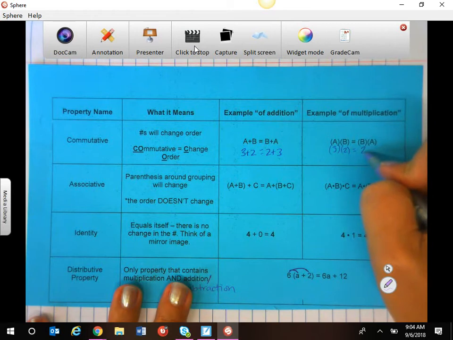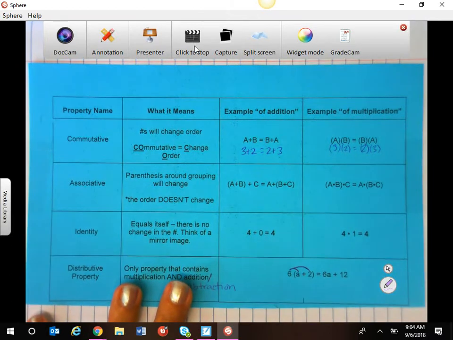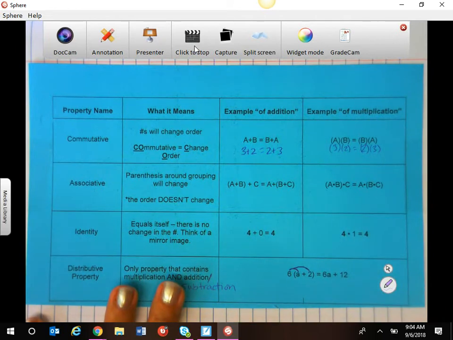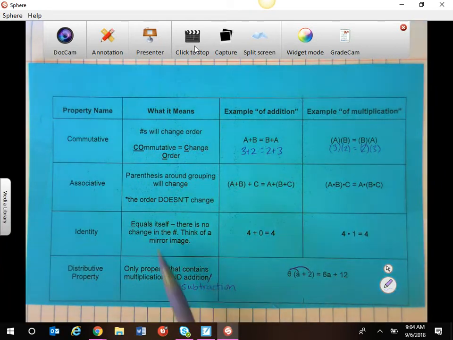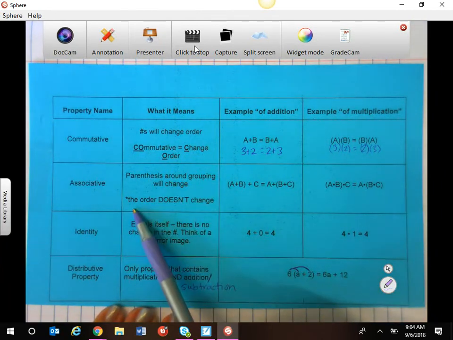Now, commutative is not going to work for subtraction and division. It only works for addition and multiplication. Same thing with the associative property. So the associative property says that your parentheses around your grouping can change, but the order doesn't.